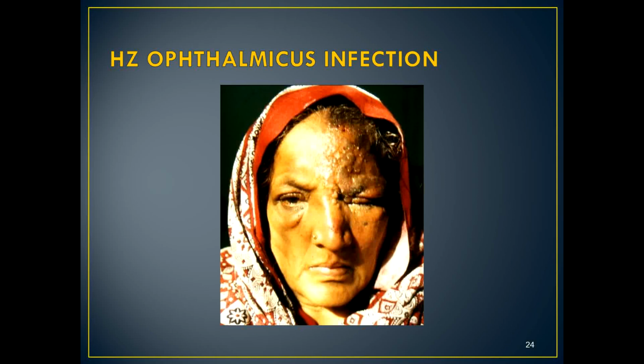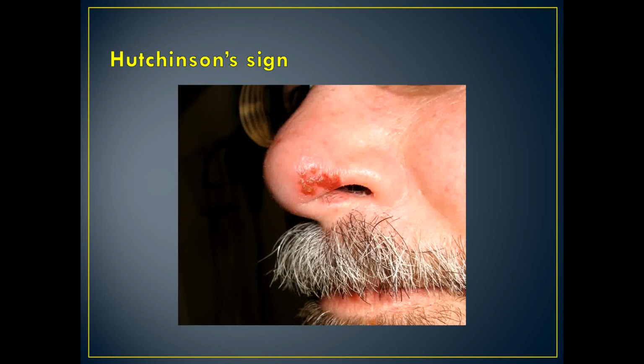In case of herpes simplex, you see a simple vesicular rash, but in herpes zoster you see involvement of the forehead with a vesicular-papular rash and swelling of the upper and lower lids. If the tip of the nose is also involved, then it is a dangerous sign. It is known as Hutchinson sign.